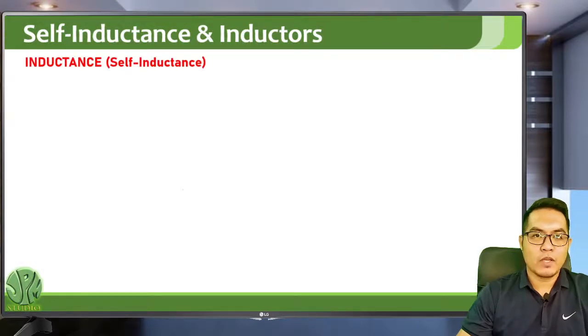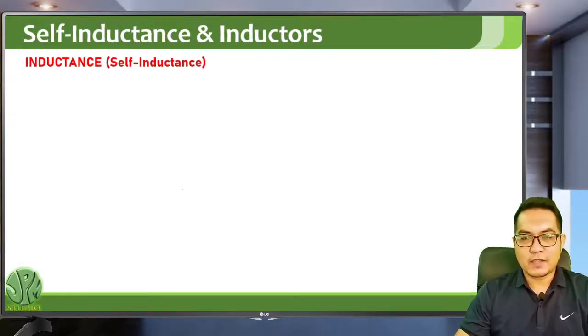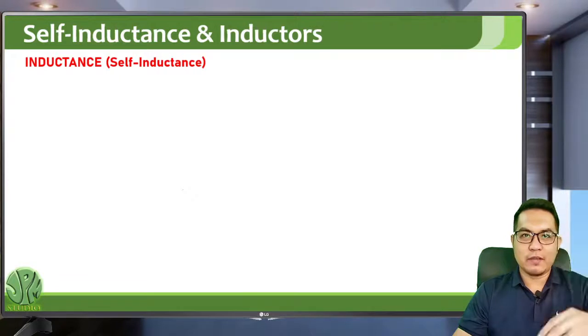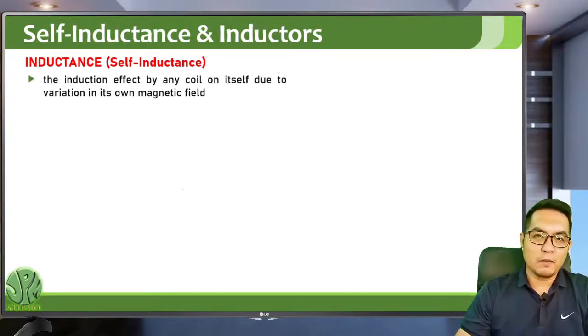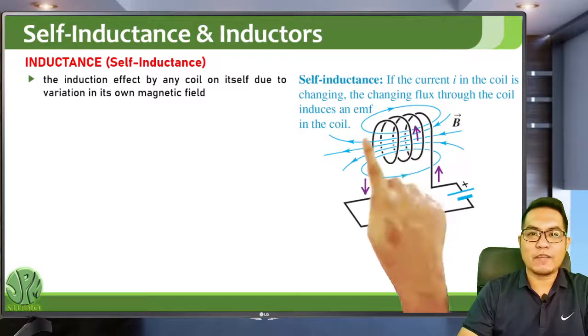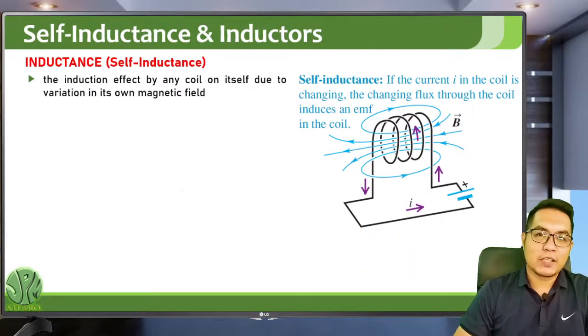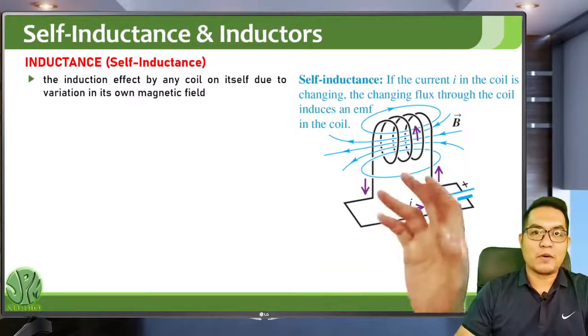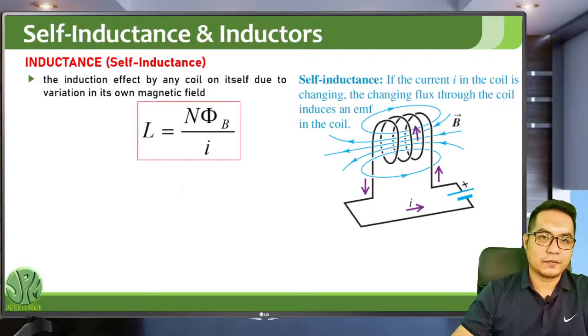Okay, so let's now go to self-inductance. I have mentioned before, if the current in a loop is changing, then that will also induce an EMF on itself. So it's called self-inductance, or basically just inductance. When you say inductance, we mean self-inductance. If the current in the coil is changing, the changing flux of the coil induces an EMF on the coil itself.